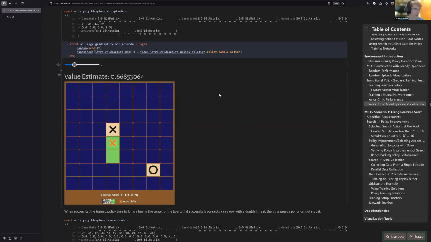But we can see, because I've cut off the training pretty early, even though the policy function clearly performs well, the value function is not that informative. You can see that as I advance this forward, the value estimate isn't changing. And as we get closer to a win, like here, we're much closer to a win than before, the value should be increasing, and it's not.